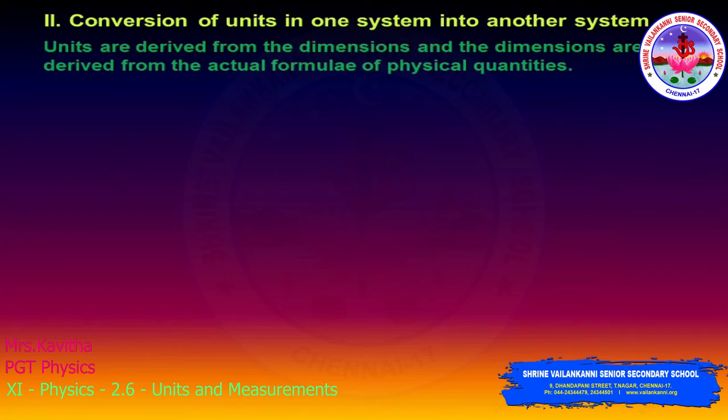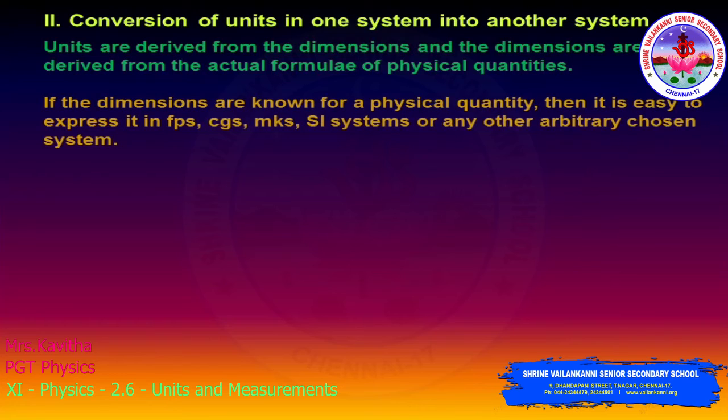Converting a physical quantity from one system to another is based on the fact that the magnitude of the physical quantity remains the same, even if the system of units changes. The dimensions are known for the physical quantity, so it is easy to express it in FPS, CGS, MKS, the SI unit, or any other arbitrarily chosen system.